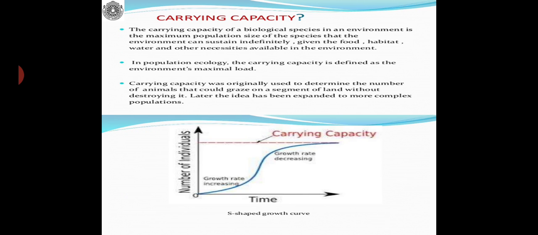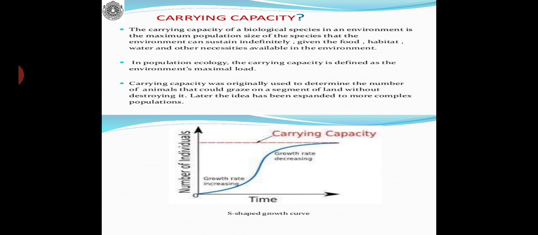What is carrying capacity? The carrying capacity of a biological species in an environment is the maximum population size of the species that the environment can sustain indefinitely, given the food, habitat, water, and other necessities available in the environment.